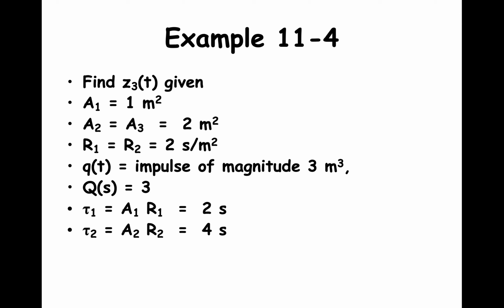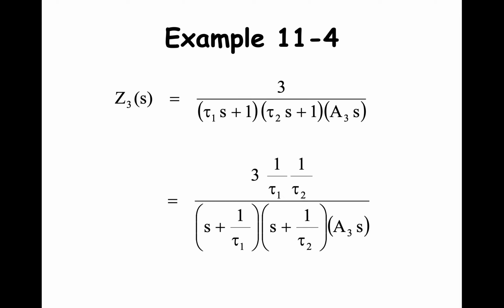Knowing the tank cross-sectional areas and the laminar flow resistance, we can calculate the tau values. From this problem, tau 1 equals 2 seconds and tau 2 equals 4 seconds. Here is the Laplace domain expression for Z3 after we insert the value 3 for Q. The course packet shows how to find the inverse in 2 ways, by hand and by using MATLAB.